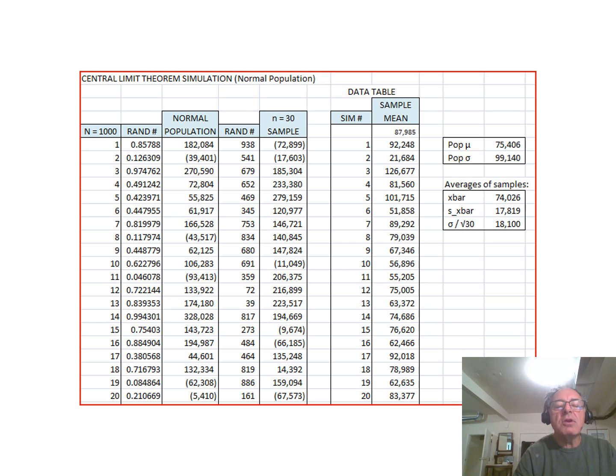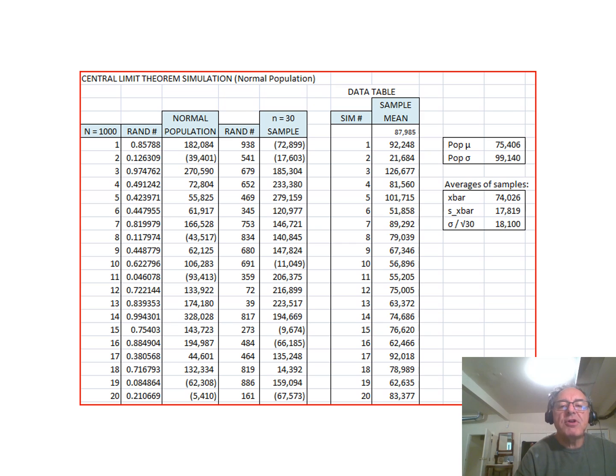I've started with a normal population. I've picked random numbers. I've transformed these random numbers into normally distributed random numbers. That's to create the population. I wanted a way to compare sample numbers against the population. Now I've created my random sample.